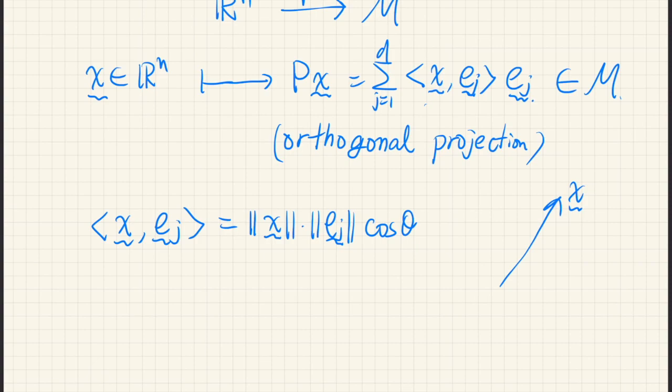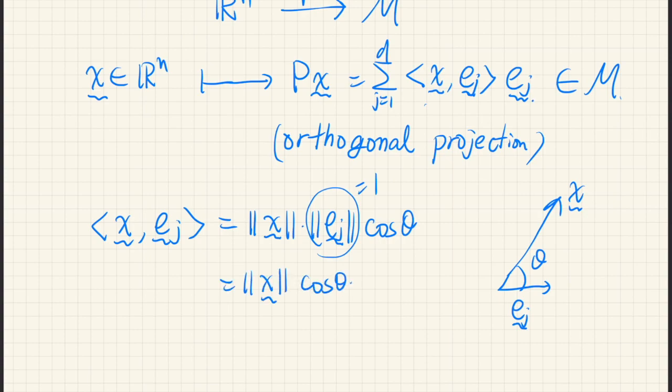Actually, this was the definition of theta, but now we can interpret it as the angle between these two vectors, e_j here and x here. But e_j is a normalized vector, so its norm is 1. So this is just the norm of x times cosine theta.